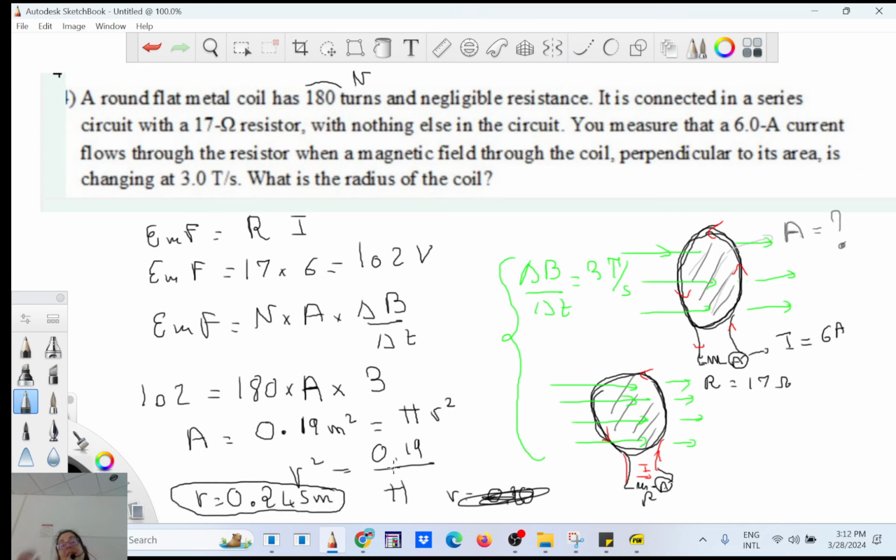Did you all get that? So you isolate r square and you take the square root. So the answer will be 24.5 centimeters. If it's a multiple choice question, the answer will be in centimeters. Okay, that's correct, of course. Check.